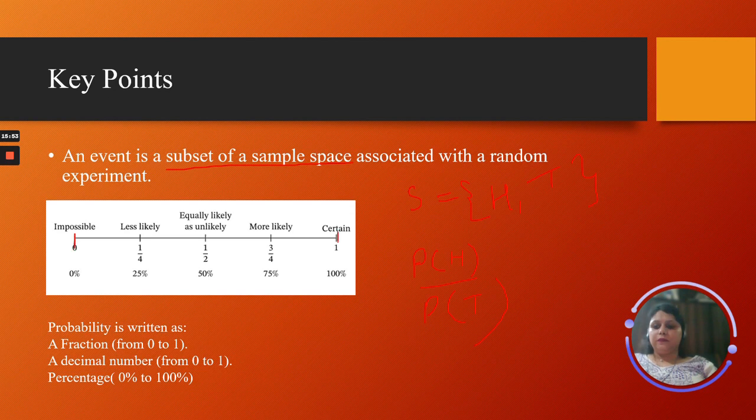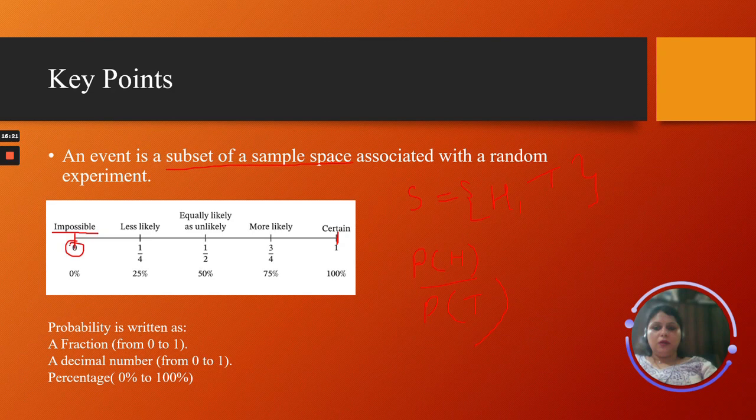Now here one event is mentioned, that is impossible event. So we can say for impossible event the probability value is 0. But now what is impossible event? We can define that event. For example, I have 6-sided dice and I'm trying to find out what is the probability of getting 7.